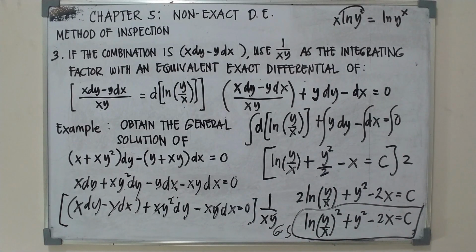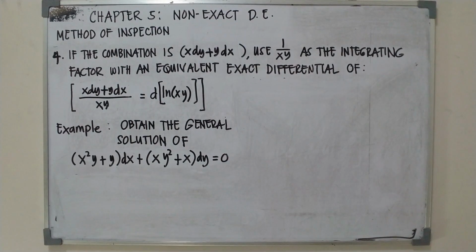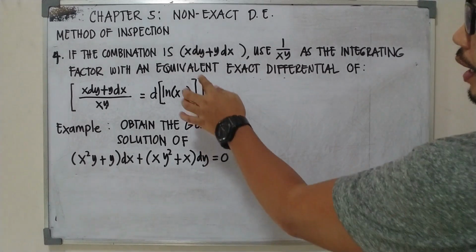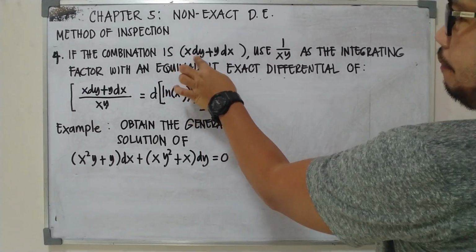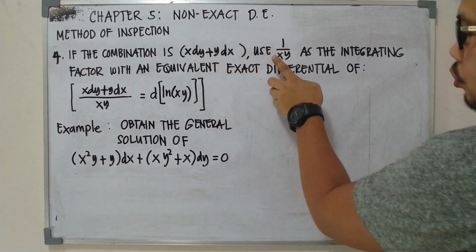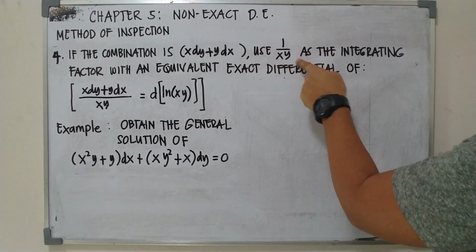Let us proceed now. We still have 2 combinations to discuss. So, let us go to combination number 4. Let us proceed with this fourth combination. If we have this combination, x dy plus y dx, we can use the integrating factor 1 over x and y.